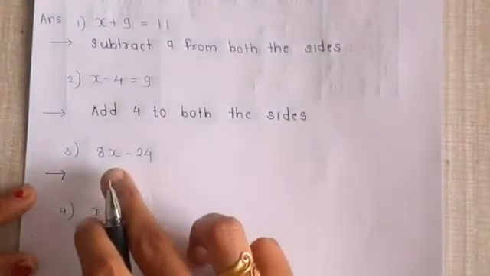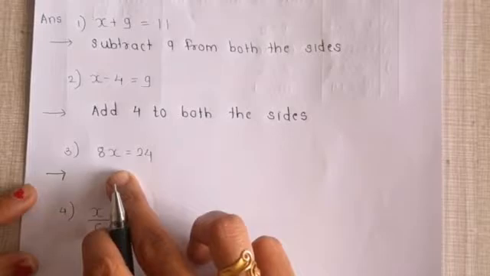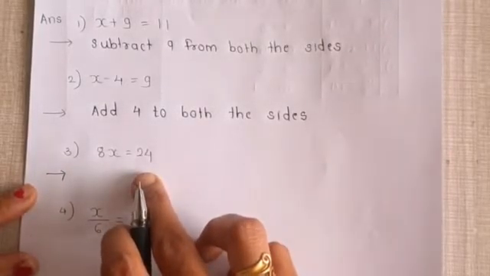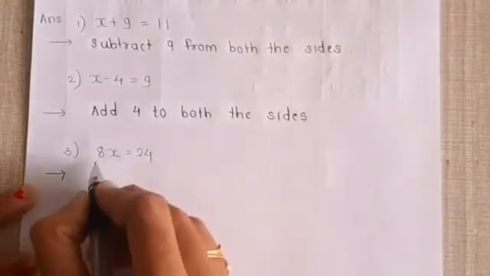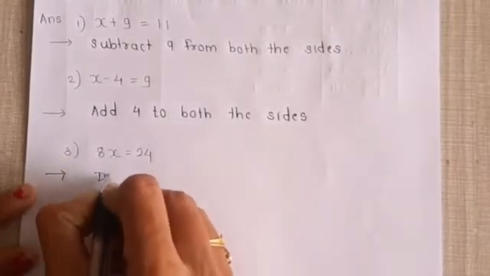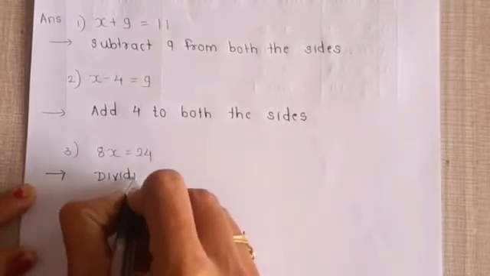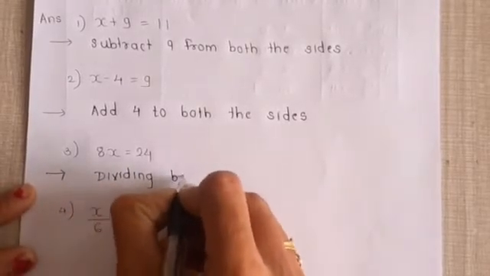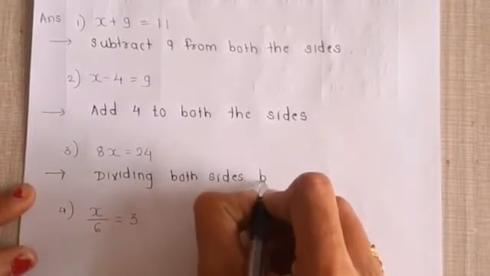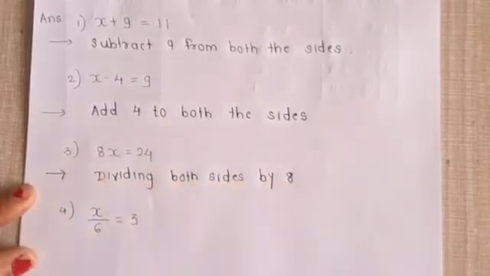Third one, 8x is equal to 24. Here it is multiplication, and when there is multiplication, you divide both the sides by the number. Dividing both sides by 8.